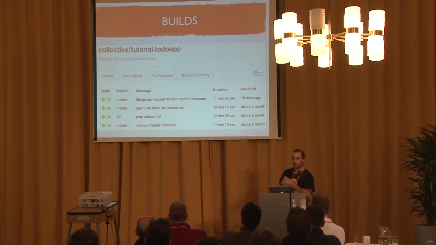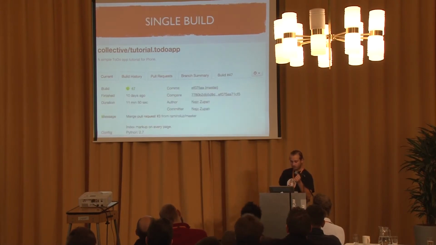This is the view you get when you open up a certain package on Travis. You get just the list of recent builds, what the commit message was, how long it took, and of course how far away in the past it was. If you select one build, you get the build details, like what the environment is and which commit it was, and you have a bunch of useful links so you can see the diffs and stuff like that.